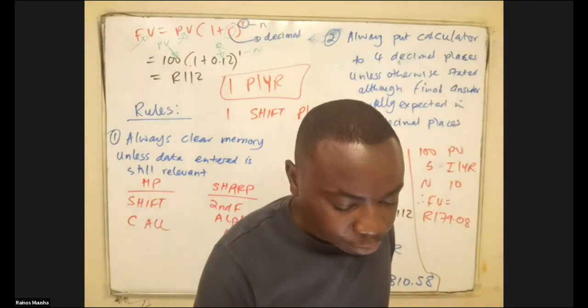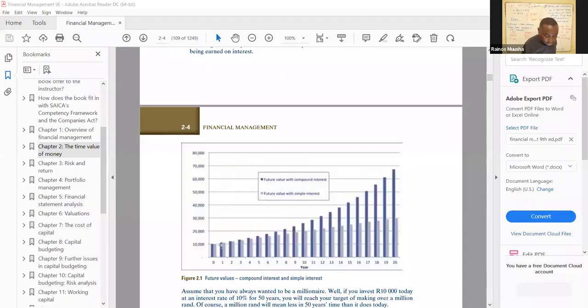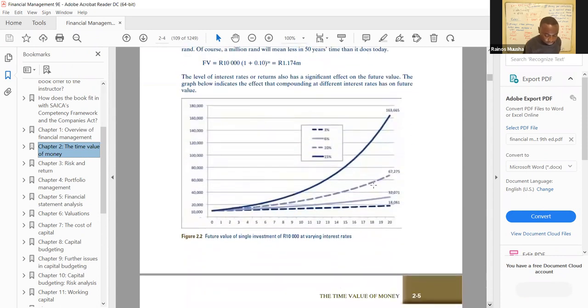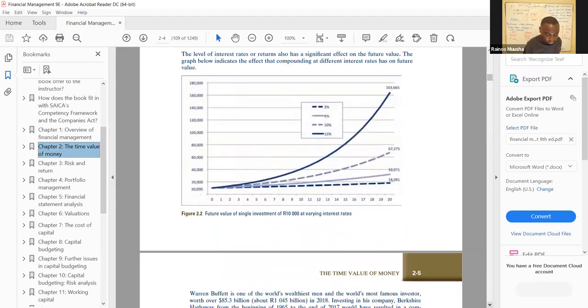Are we on the same page there? All right, that's what is being demonstrated using this graph as well.